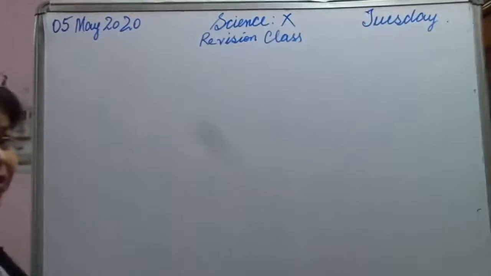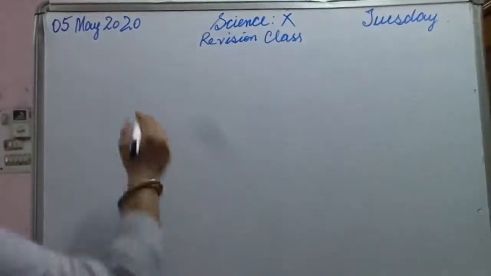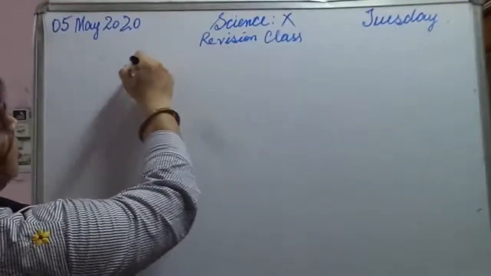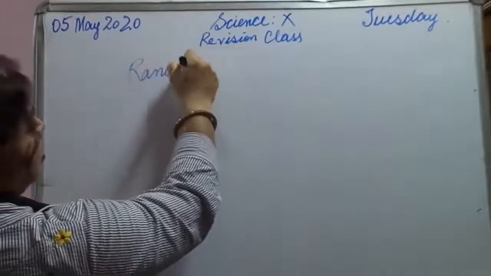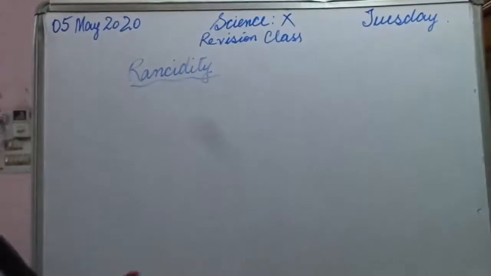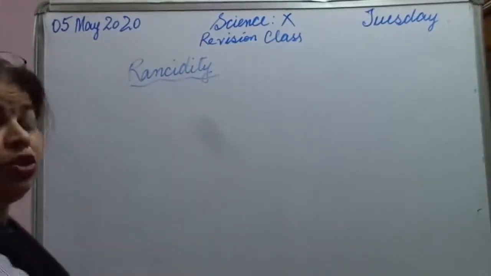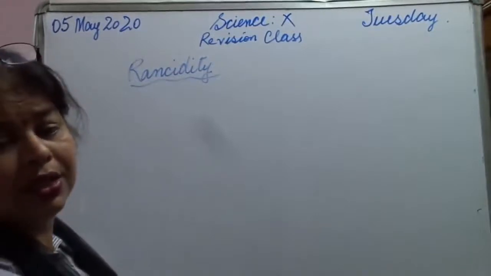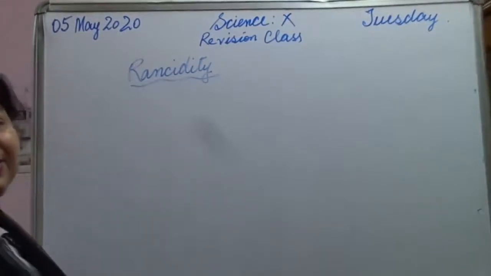Then the last topic that we are going to discuss now is rancidity. They are so important that students face these questions most of the time: write a short note on rancidity, write a short note on corrosion. So what is rancidity?